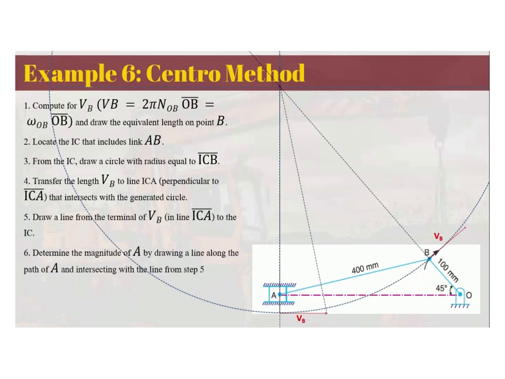And determine the magnitude of A. Since A is constrained to move in the horizontal direction, all you have to do is connect A to the terminal line that we drew from step number 5. Thus, we are able to obtain the velocity of A using the graphical approach of the Centro method. The velocity of A is moving towards the right.